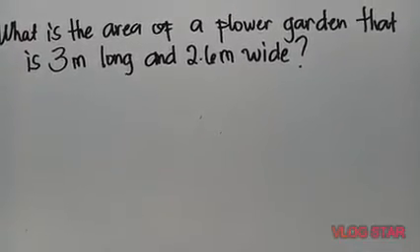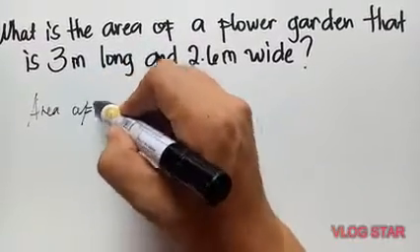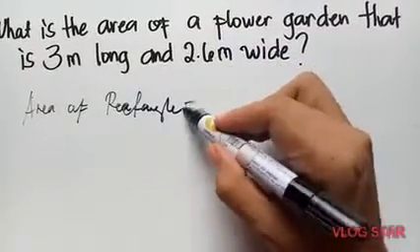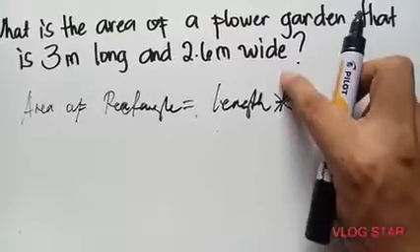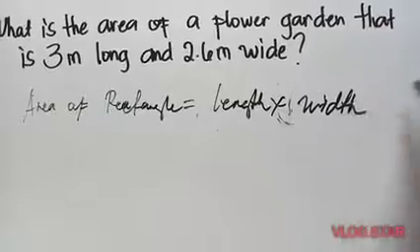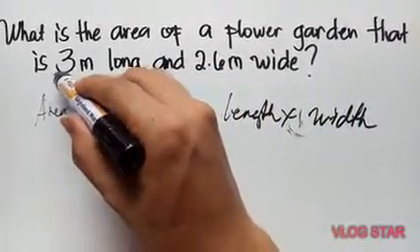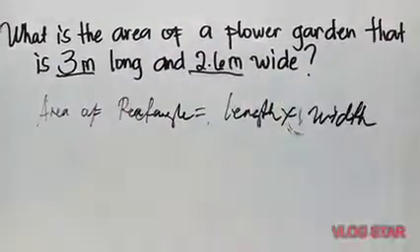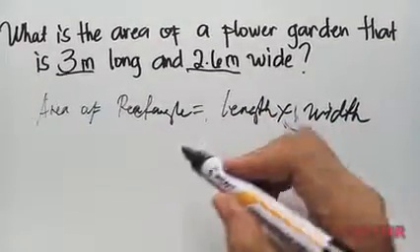So the area of a rectangle is equal to length times width. Of course the length would be 3 meters and the width is 2.6 meters. So this is the formula, just multiply.